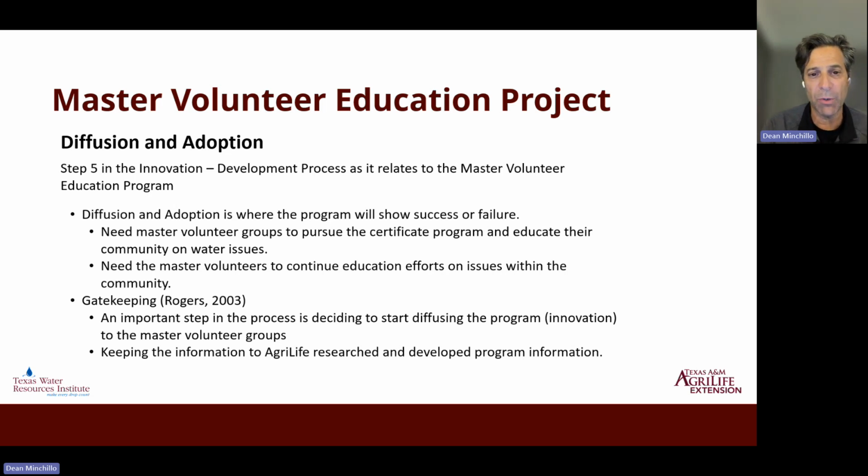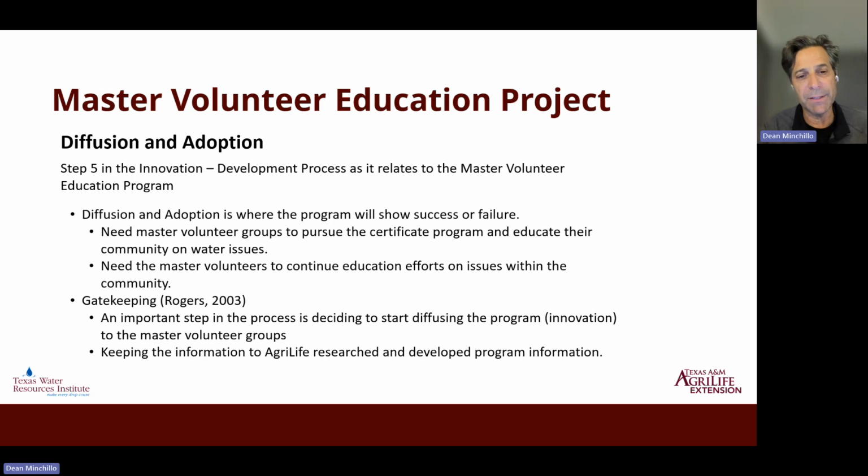We know exactly what we're teaching, what is being disseminated, and what the master volunteer groups are picking up and then disseminating through their presentations and their talks.